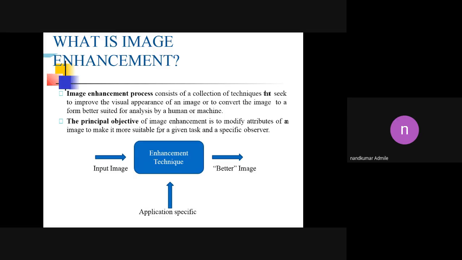In this definition, the specific application is an important phrase, because we can use image enhancement in a number of applications, and depending on the application, we can use a number of techniques.